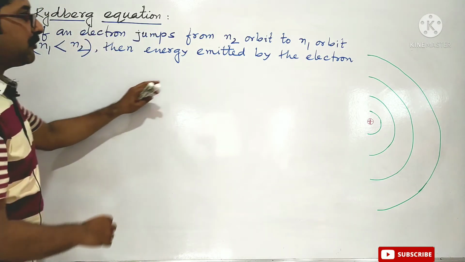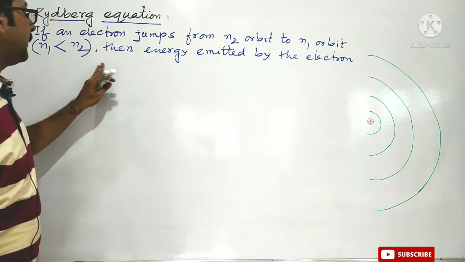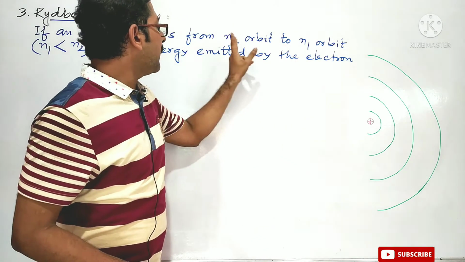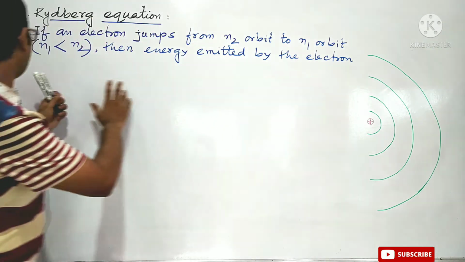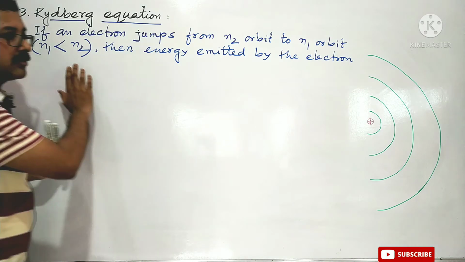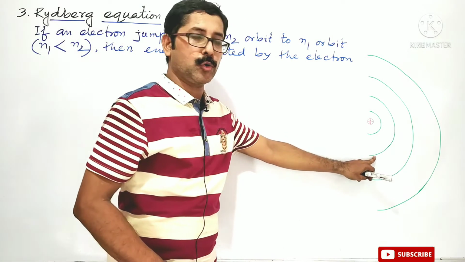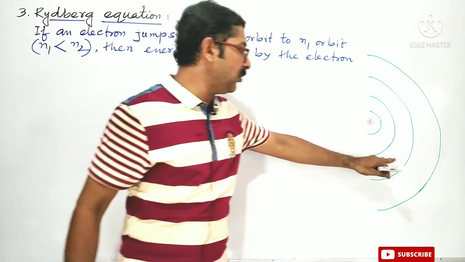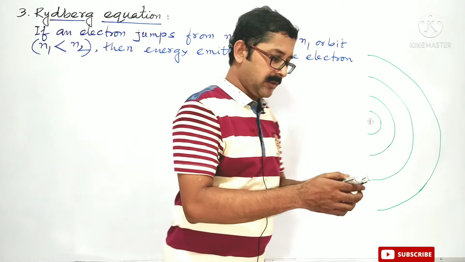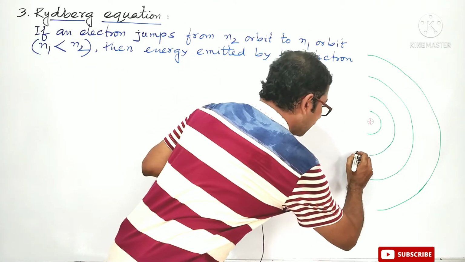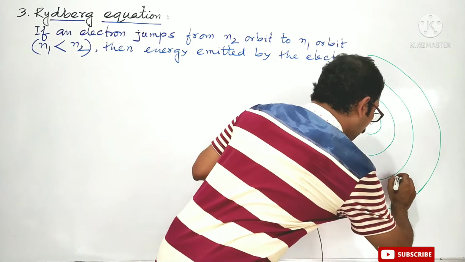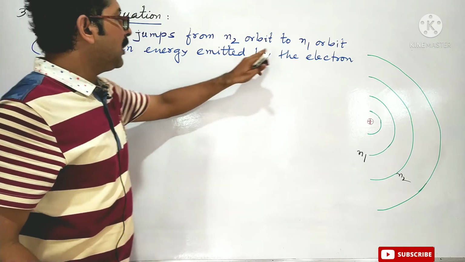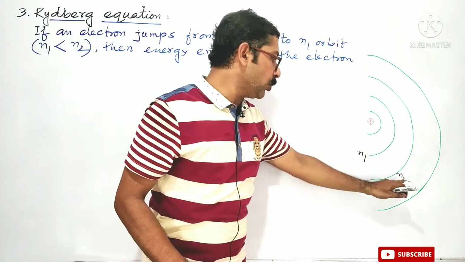If an electron jumps from N2 orbit to N1 orbit, then the energy is emitted by the electron. Look at here, N1 and N2, I have written N1 is less than N2. The value of N1 say is N equal to 2, then the value of N2 will be 3, 4, 5, etc. Say if this one is the N1 orbit, then N2 may be this one or this one, etc. So N1 will be the inner orbit and N2 will be the outer orbit.